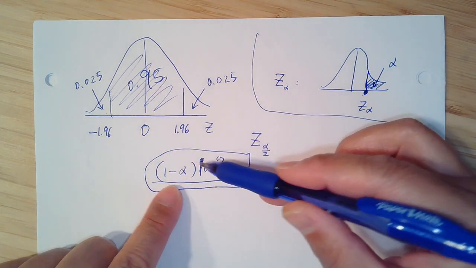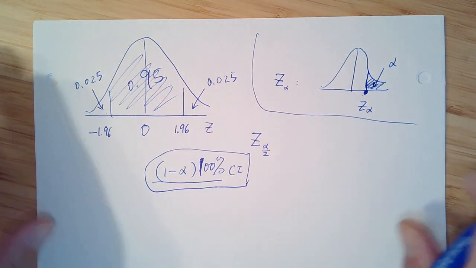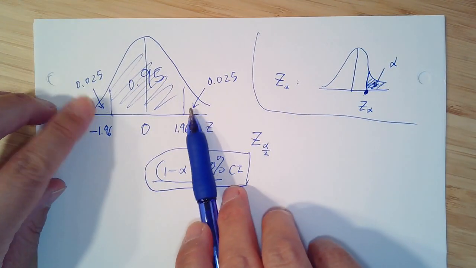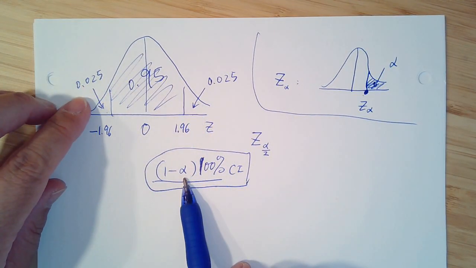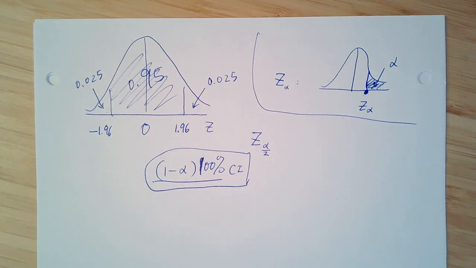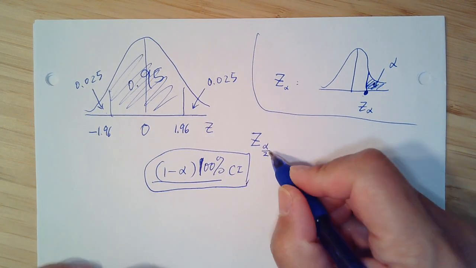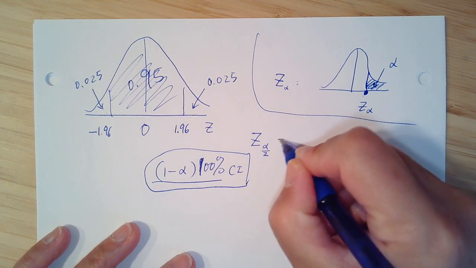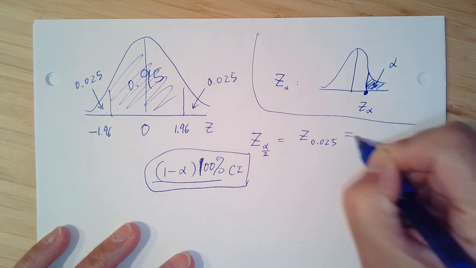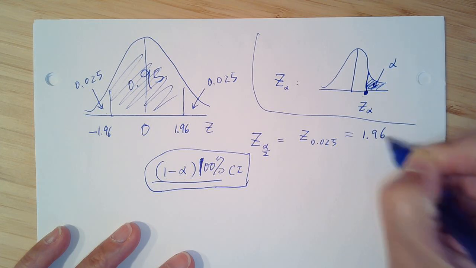And this alpha is the area outside your confidence part. So alpha is 0.05 and we use alpha over 2, because we have a right tail and a left tail, so I'm going to divide it by 2. In this case, it's going to be z 0.025, which is 1.96.